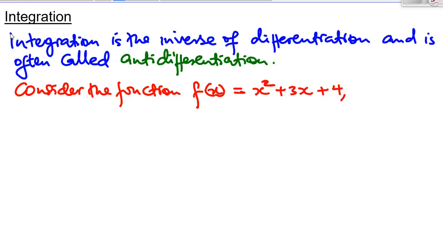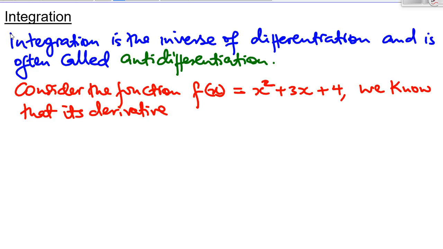So, we know that its derivative f dash x will be equal to 2x plus 3. And we can represent this in a diagram.